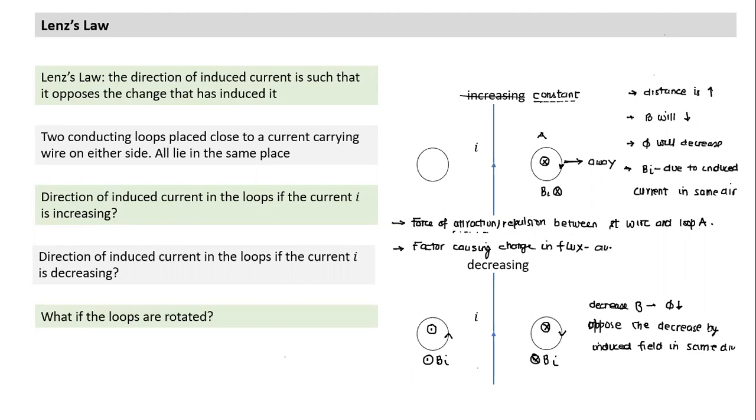How does it act in terms of force? What kind of force must it exert to oppose the away motion? So it will oppose the away motion by applying a force of attraction.